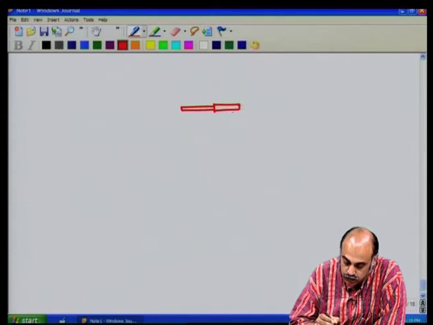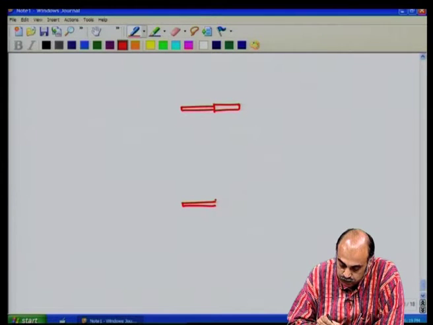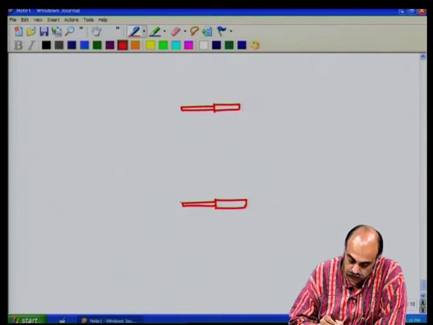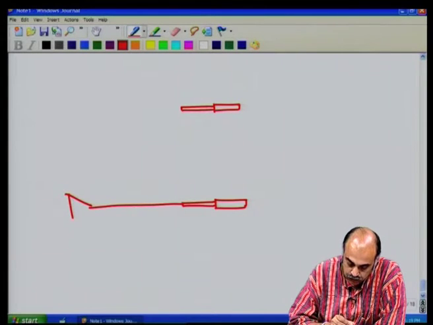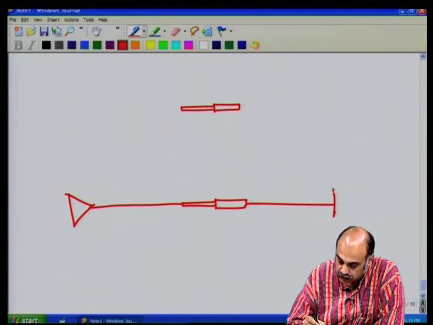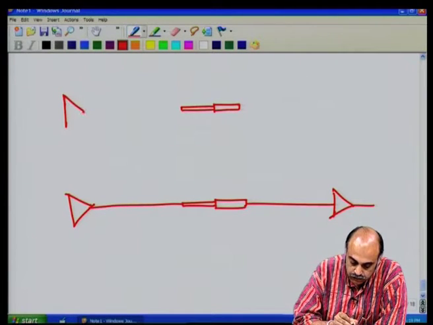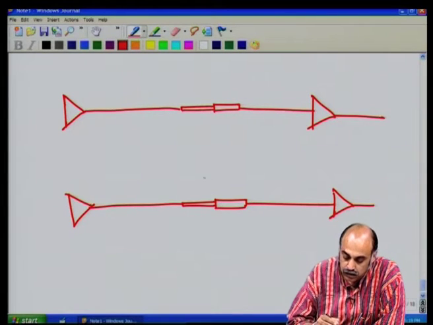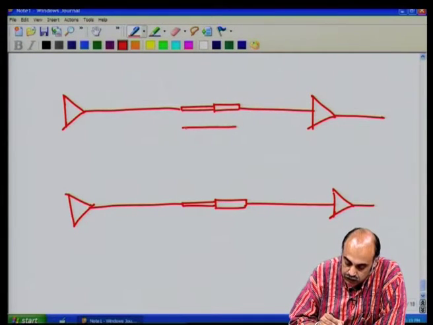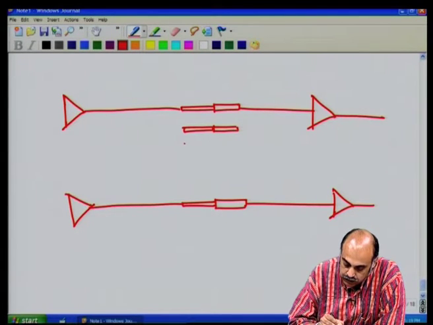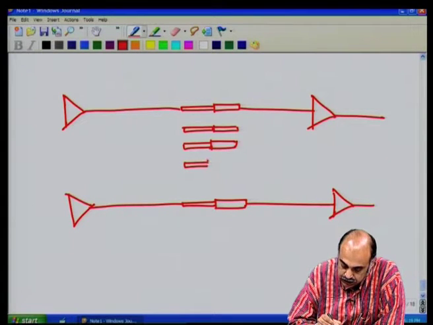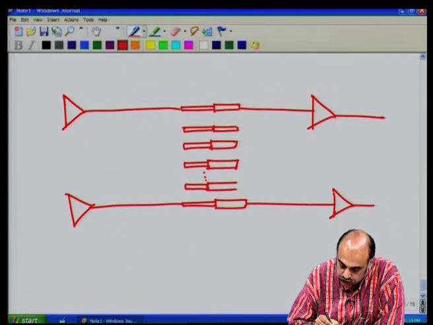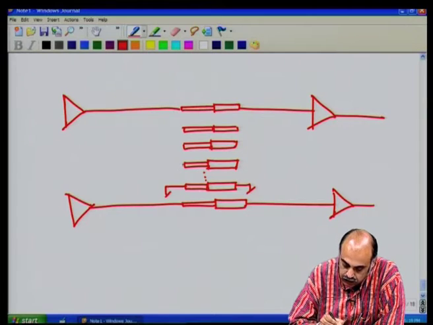Another way is to interpose grounds between the two signal lines. You have ground connectors in between, as many ground connectors as possible, more the better, like this, ground on this side, ground on this side.